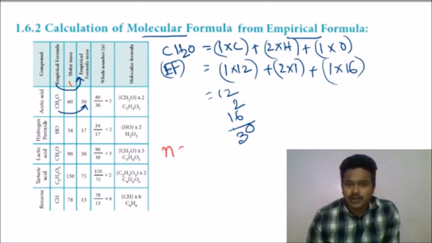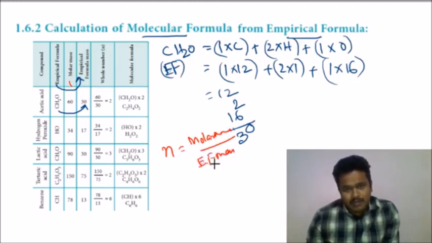Previously I told you what n means. n is equal to molar mass by empirical formula mass. Here the molar mass 60 is given, by 30. Once you get this n value, what is the relation?